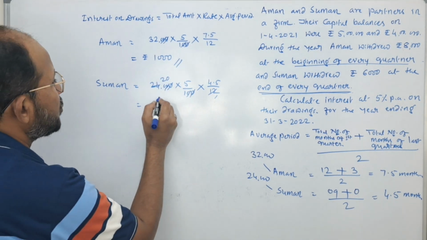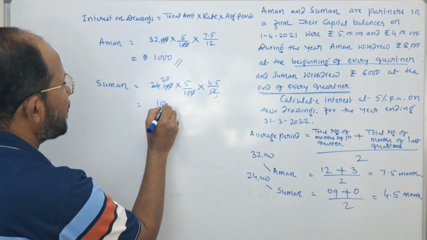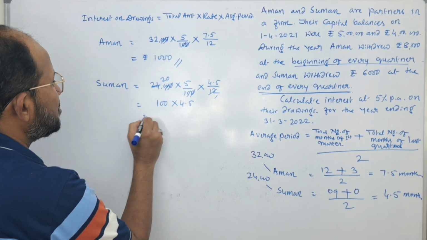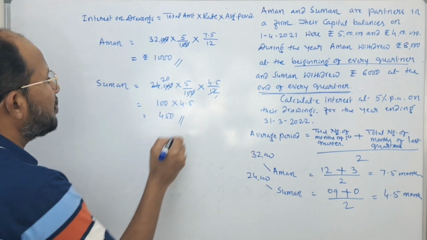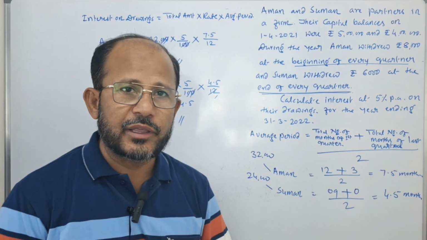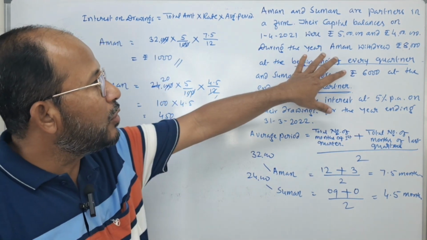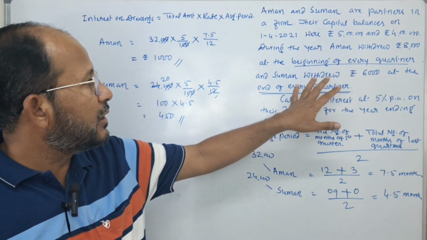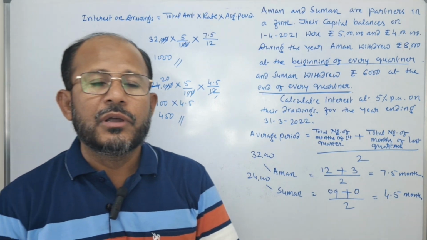Now then it comes to how much? 25 is 100 into 4.5. Just you remove 0, then it comes to rupees 450. This is the way how we calculate interest on drawings of partners in case the amount is withdrawn at the beginning of every quarter or at the end of every quarter.